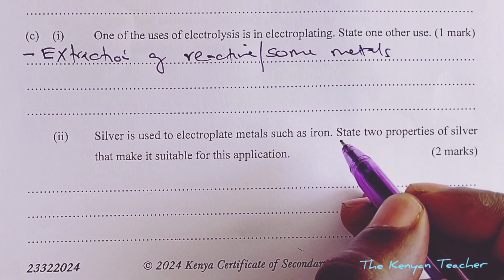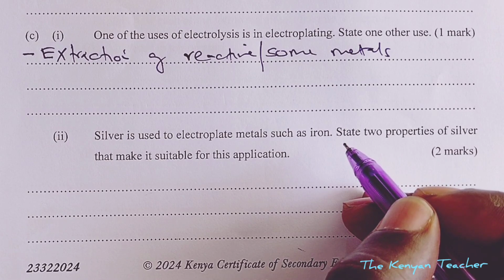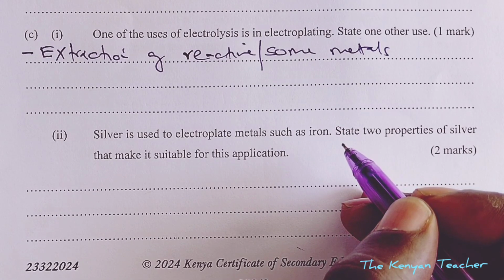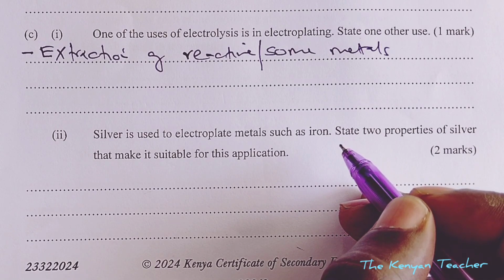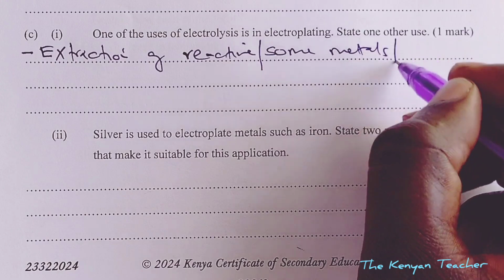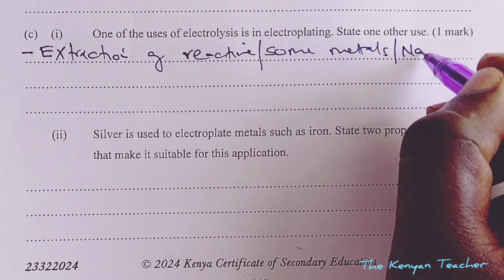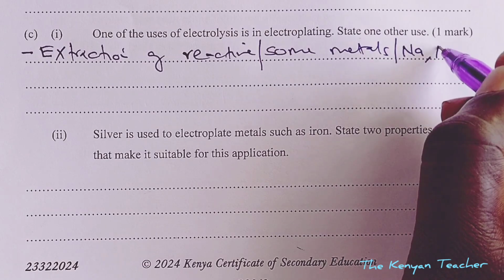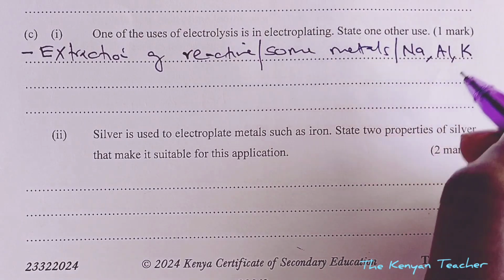Kindly, those who wrote that electrolysis is used in the extraction of metals, get to know you are not correct. Now, apart from writing this way, we can actually go for the particular metals. There is sodium, there is aluminum, and potassium.